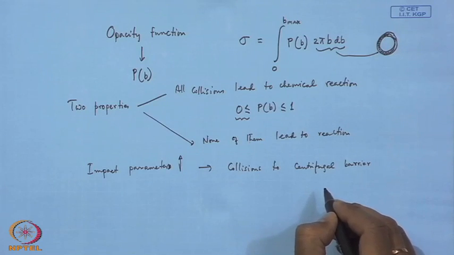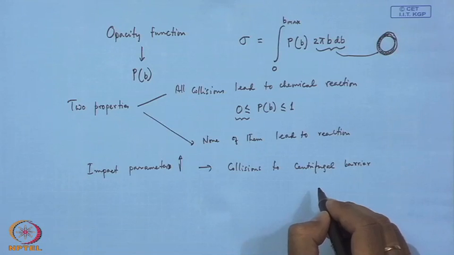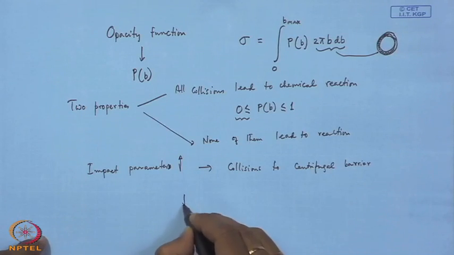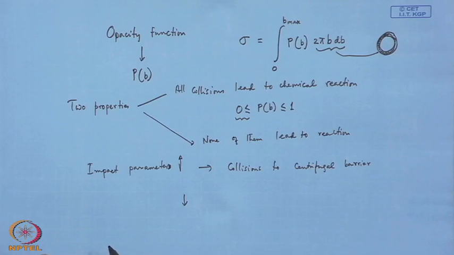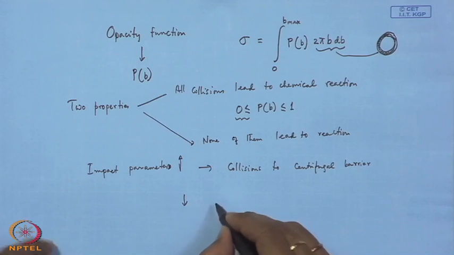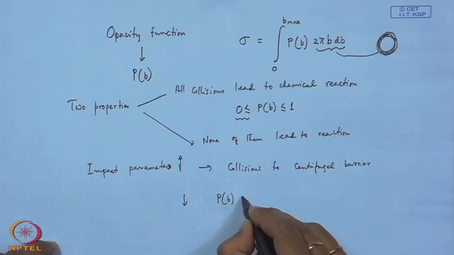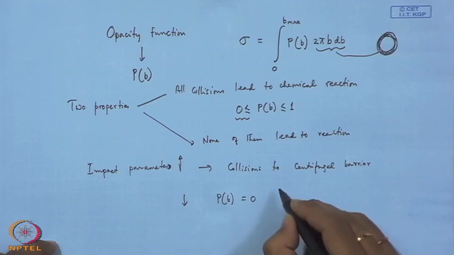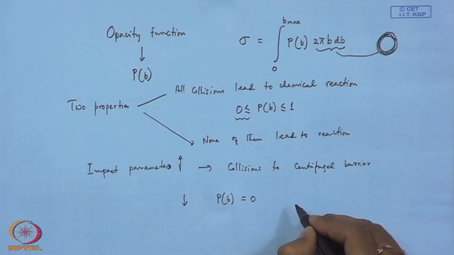Therefore, we expect that reaction will only take place when b is small, that is, when the impact parameter is of the order of the range of intermolecular forces. So, if P(b) is 0, then reaction does not take place, and that corresponds to a high value of b.